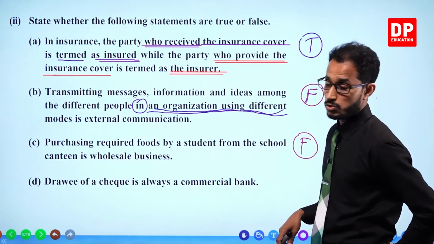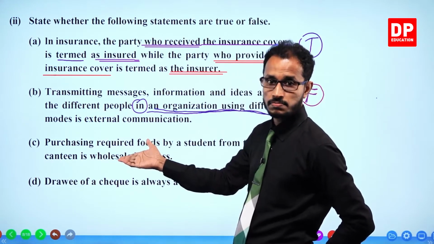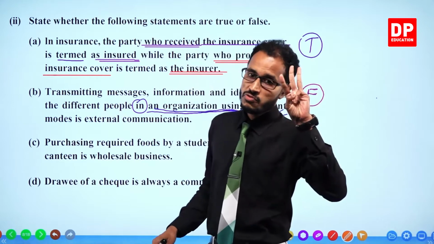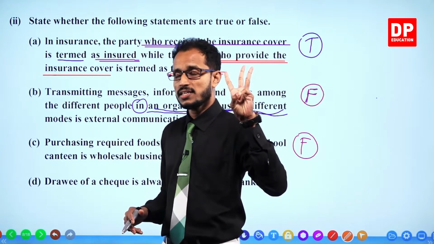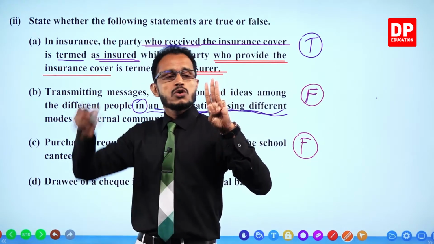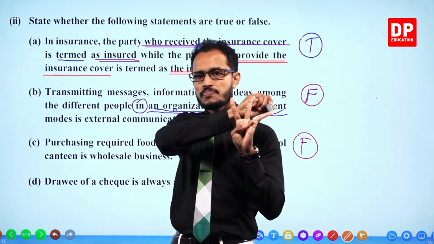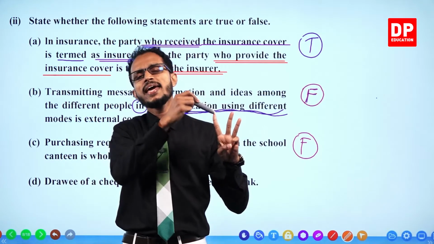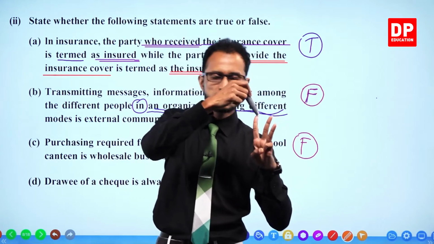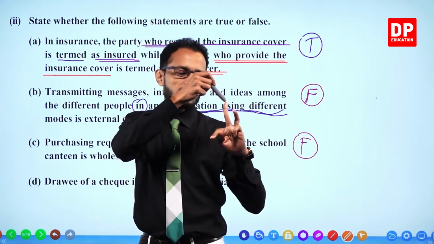Drawee of a check is always a commercial bank. Go to your first lesson, unit number 1, go to banking, and you will see there are 3 parties involved in a check: drawer, drawee, payee. The drawer is the payer, the person who writes and issues the check. The drawee is always a commercial bank.